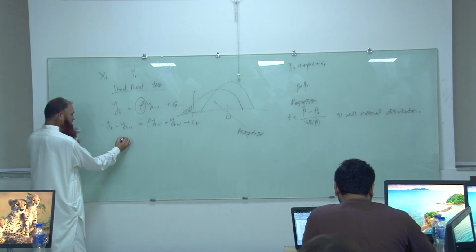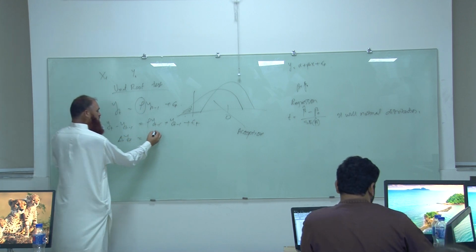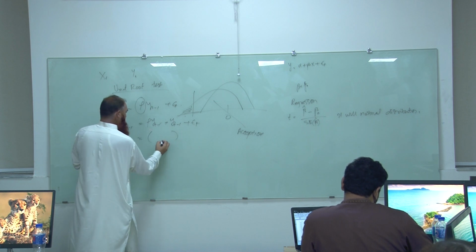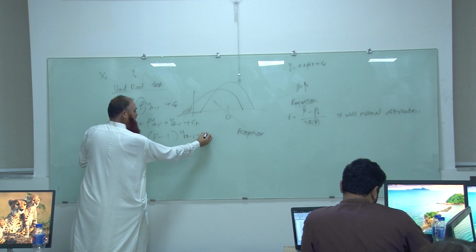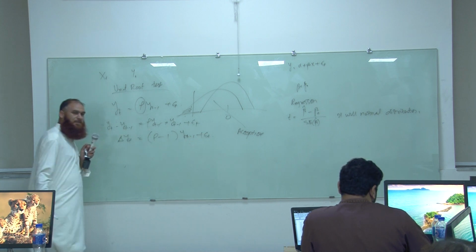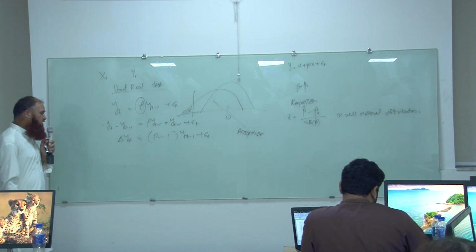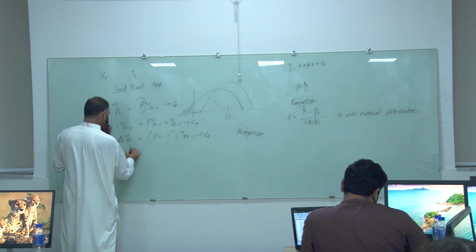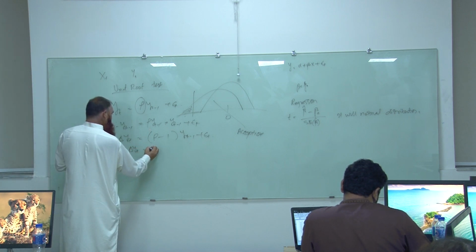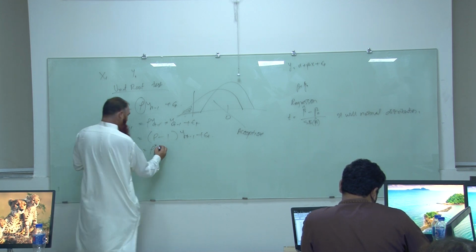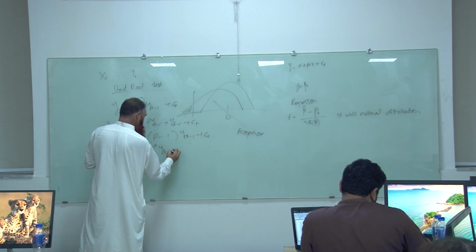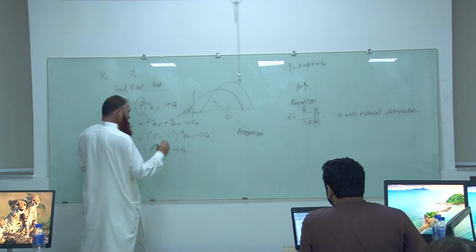So you can write this as del yt is equal to (rho minus 1) into yt minus 1 plus epsilon t. Okay, so I can write this as del yt is equal to rho star into yt minus 1 plus epsilon t.